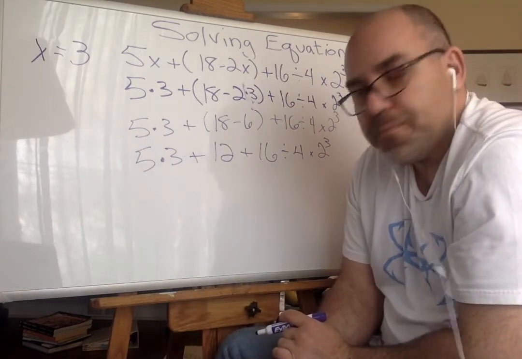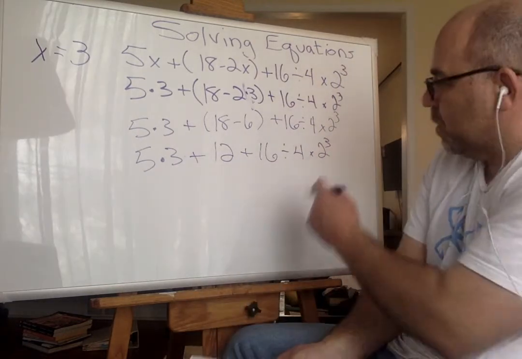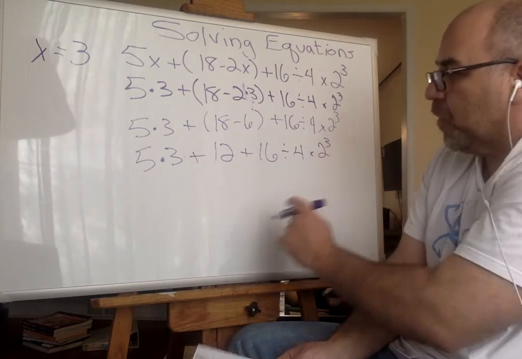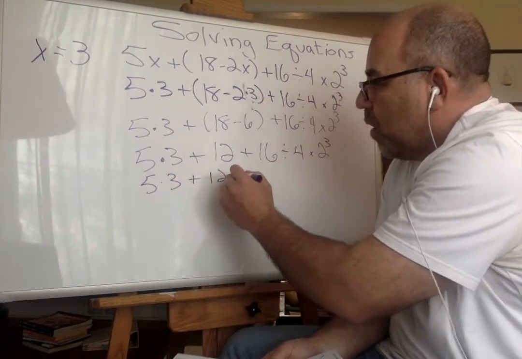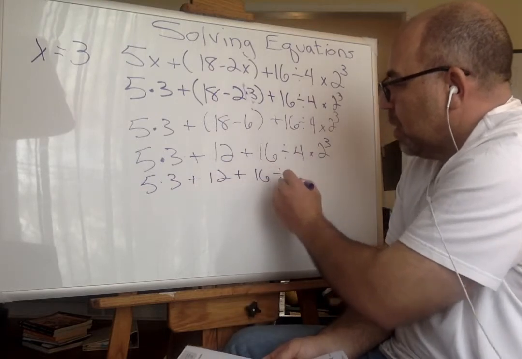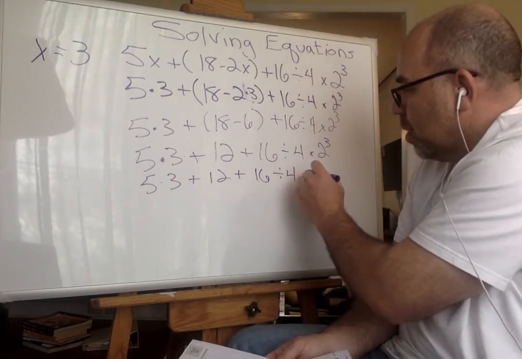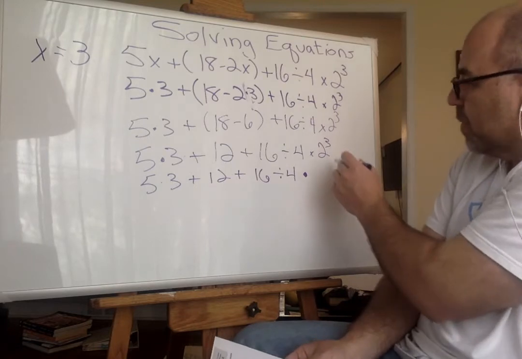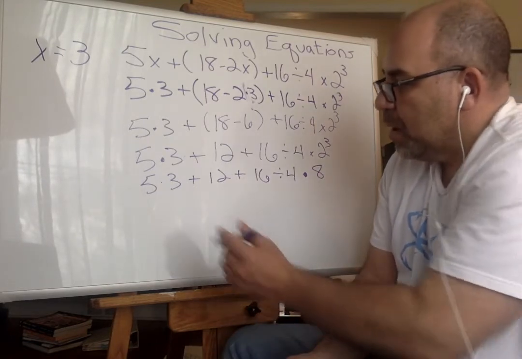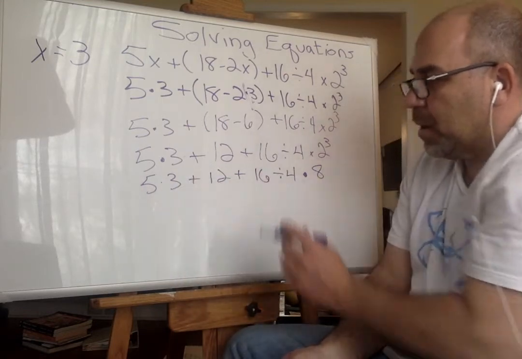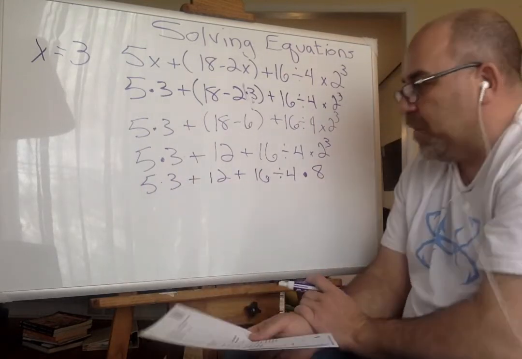Parentheses is done. So I'm going to do exponents. 2 to the third is my exponent. So 5 times 3 plus 12 plus 16 divided by 4. I'm going to use this sign instead of the x. 2 to the third is 8. So now I'm going to work from left to right and do my multiplication and division.